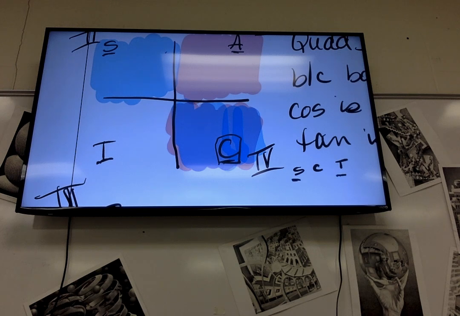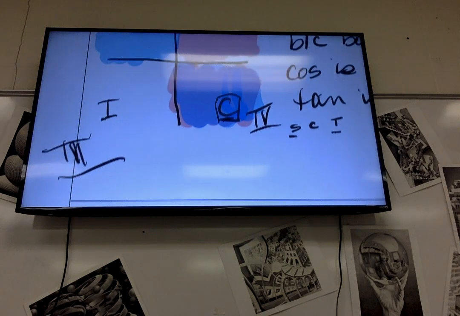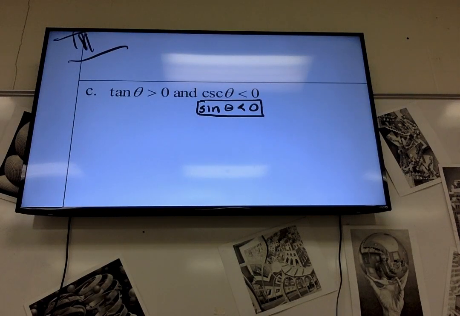That's it. Is that what you were asking? How do you find the other one? No, I don't know how to find the negative of cosecant. Oh, the reciprocal or the negative. See, that's what this part is. This is from the 63 and 64 stuff when we listed all those reciprocals.